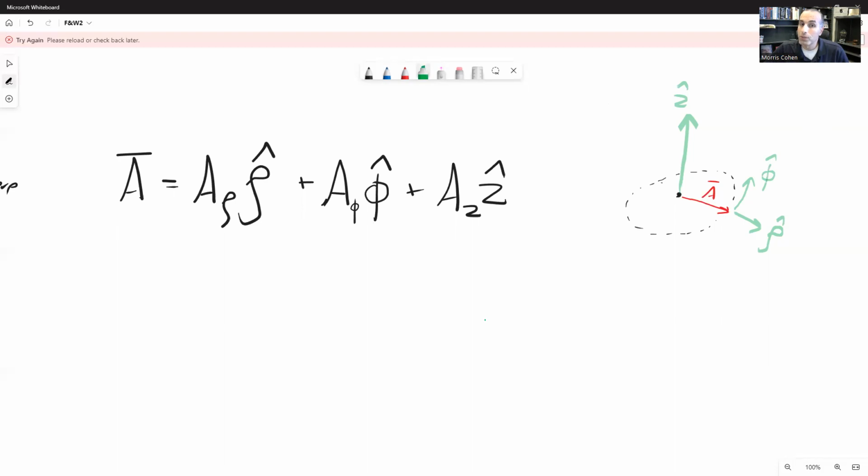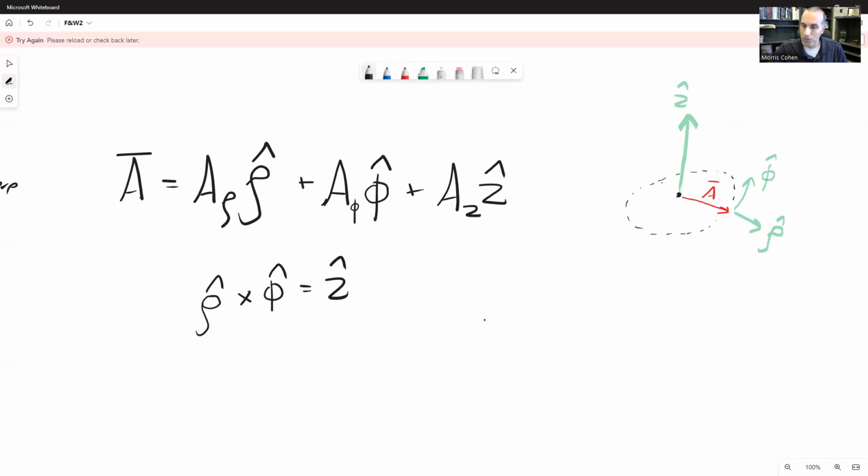Notice that the ordering of the vectors matters: rho, phi, Z. If you take your right-hand rule and do rho hat cross phi hat, you do get Z hat. So the right-handedness of this coordinate system does hold, since rho hat cross phi hat equals Z hat. So that works. All three vectors are perpendicular to each other.